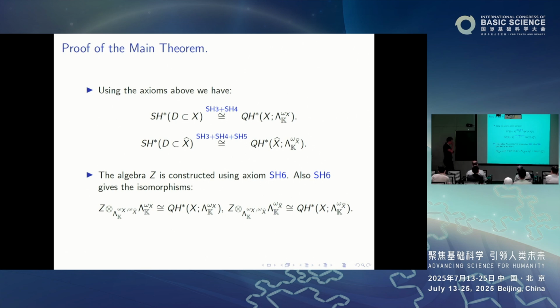So the key idea is using symplectic cohomology. Maybe I should say sort of morally what I'm trying. There's another ingredient. There's something hidden here as well. So I use axiom, is it S? I've forgotten which one is the one where if the complement is stably displaceable, then I get an isomorphism. I think this was SH3, axiom 3. So I need to prove that the complement of D is stably displaceable. And that involves some effort.